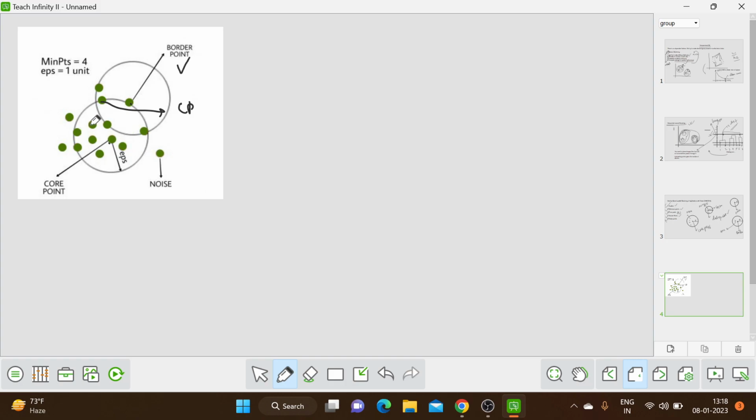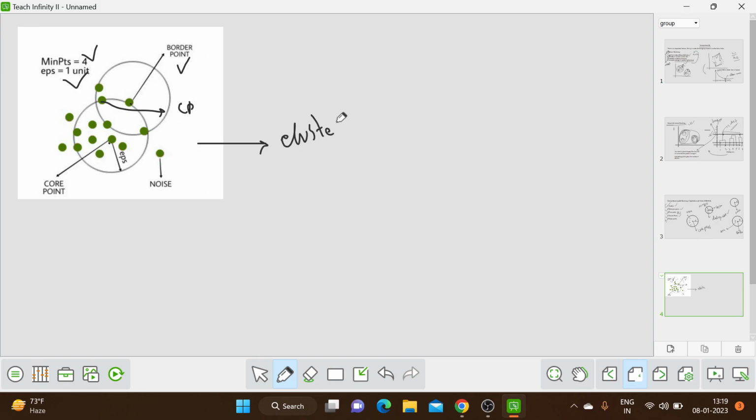See, 1 2 3 4, 1 2 3 4, and the epsilon, this is the core point. This is the noise because no data point comes inside. So minimum points is 4, epsilon is 1 unit. This is the DBSCAN method of clustering. In this way we try to make clusters, using core points and border points, and finally we get the result of how many clusters are present.